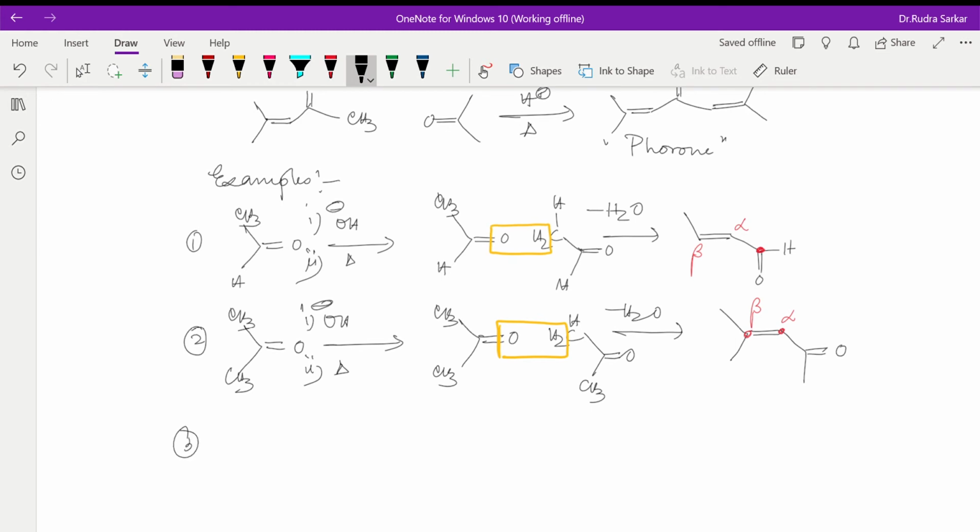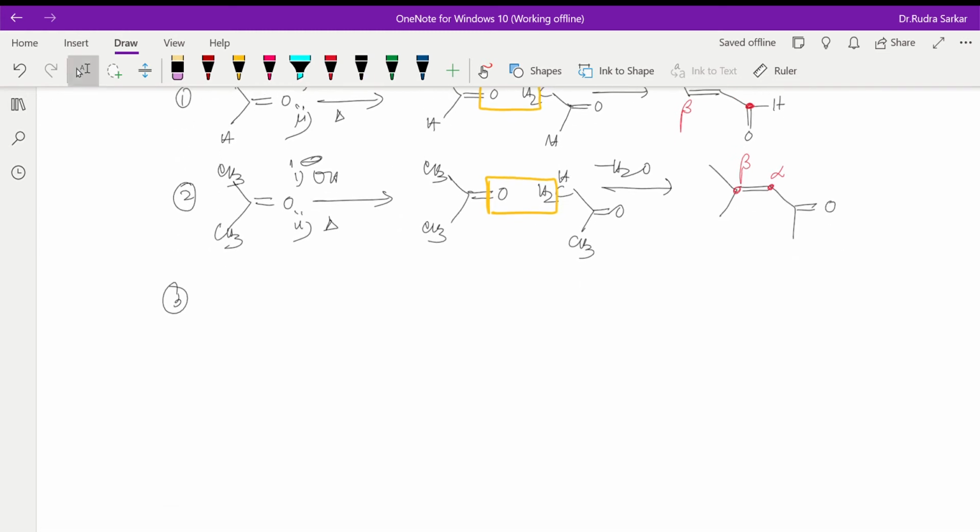Say suppose I gave you something like that. Then obviously two molecules are used over here, that you have to keep in mind. Heat.